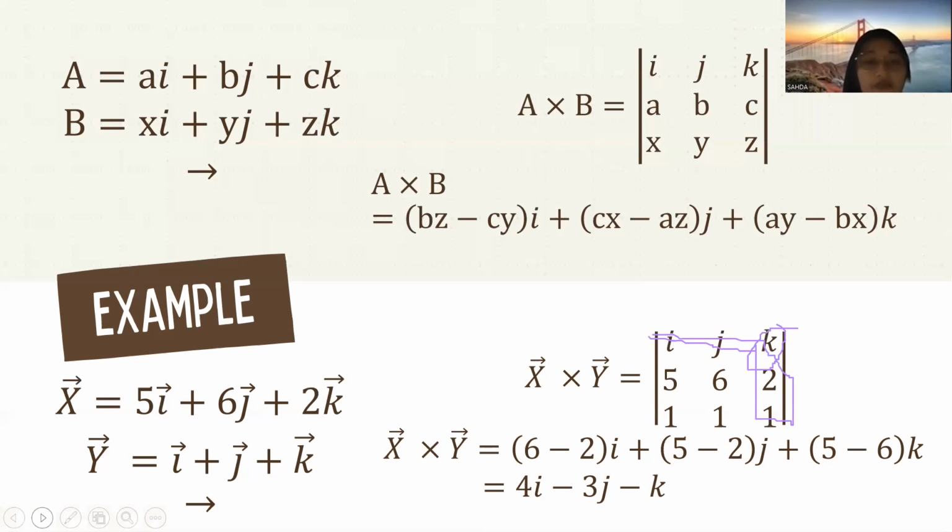Vector X cross vector Y is equal to 4i hat minus 3j hat minus k hat.